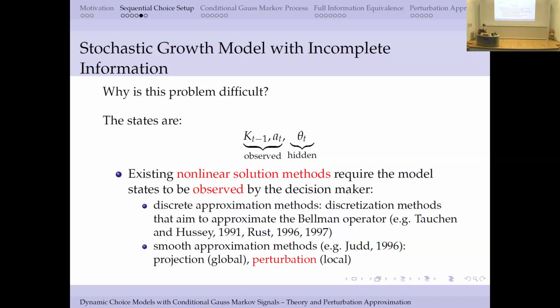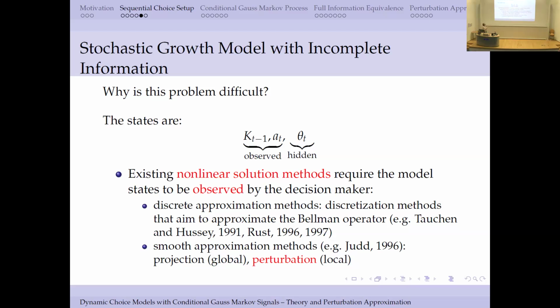Why is this problematic in terms of the computation? Well, if you're an applied macroeconomist and you just want to plug this into Dynare, we actually don't know how to plug incomplete information models into Dynare. More theoretically speaking, we don't know if the perturbation method, which is one big class of approximation methods to deliver approximate solutions, applies when some of the states are hidden to the decision maker.